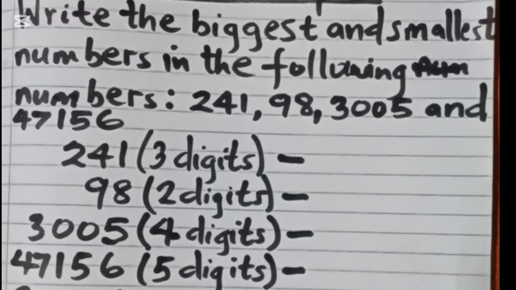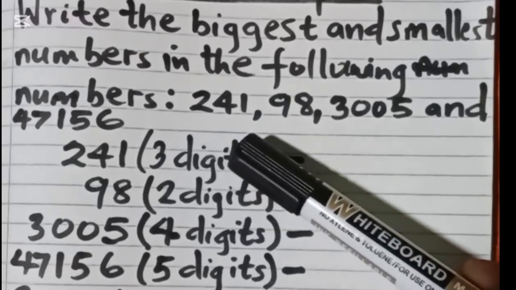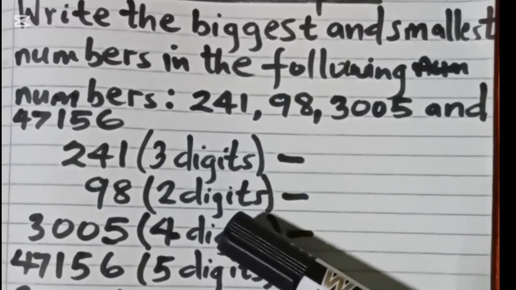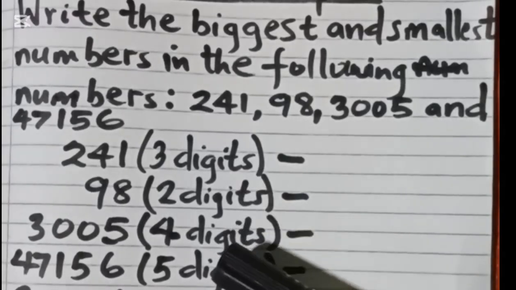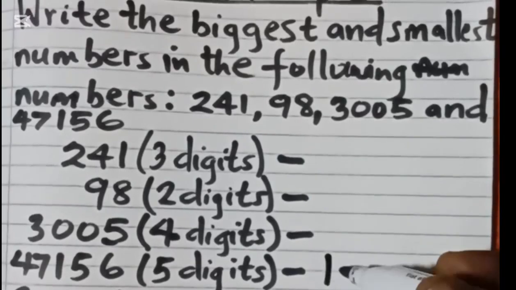The number with the highest number of digits is the biggest. In this case, 241 has 3 digits, 98 has 2 digits, 3005 has 4 digits, 47156 has 5 digits. So the last one takes first position.